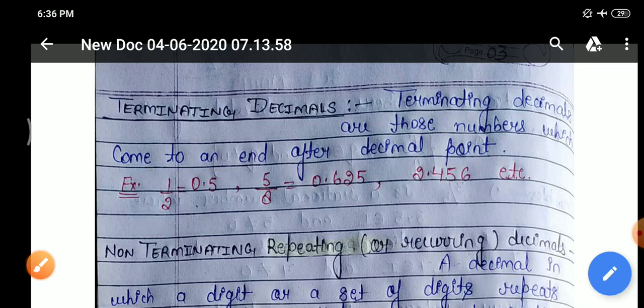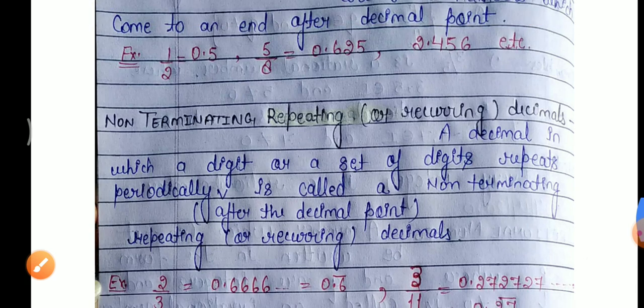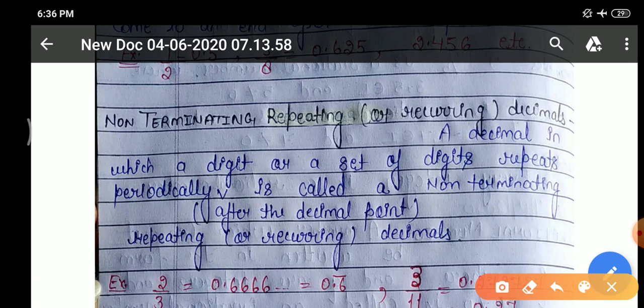Now students, next is non-terminating repeating decimal. The name is non-terminating repeating or recurring decimal. A decimal in which a digit or a set of digits repeats periodically after the decimal point is called a non-terminating repeating decimal.